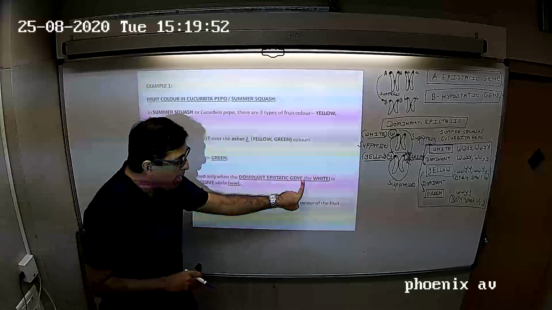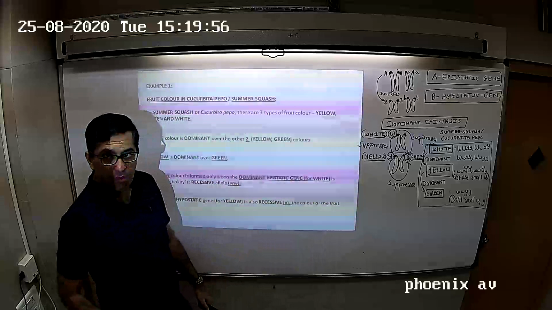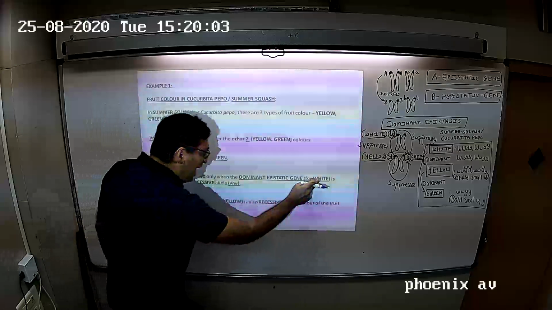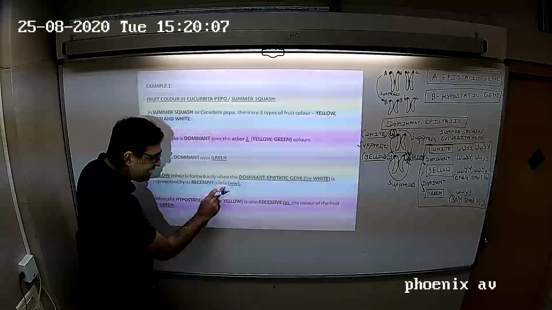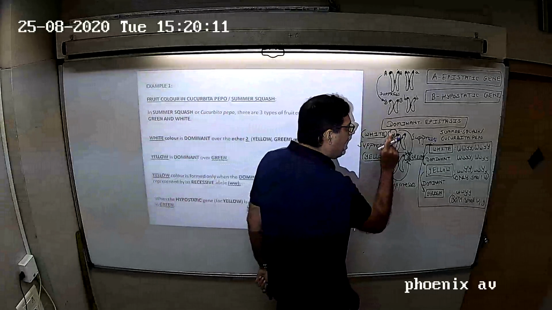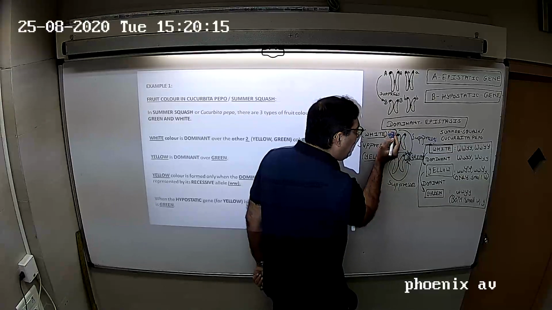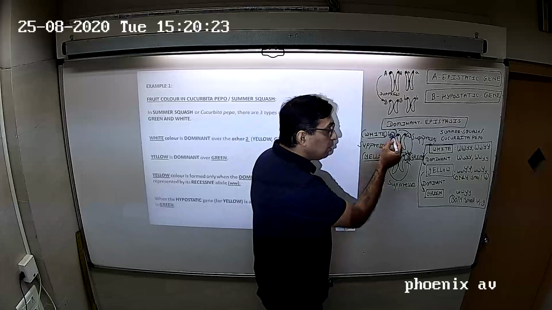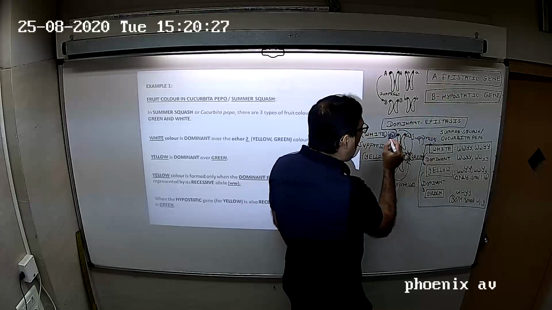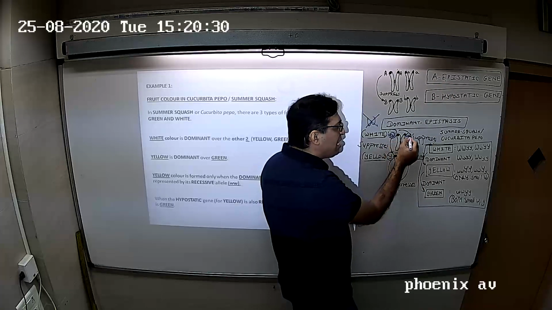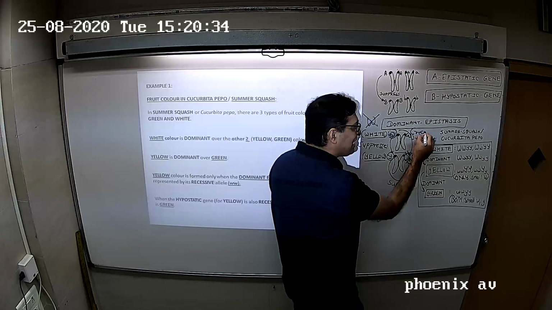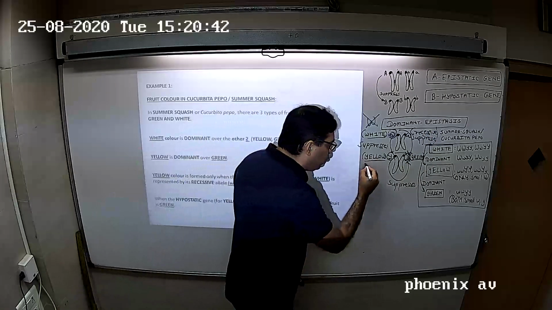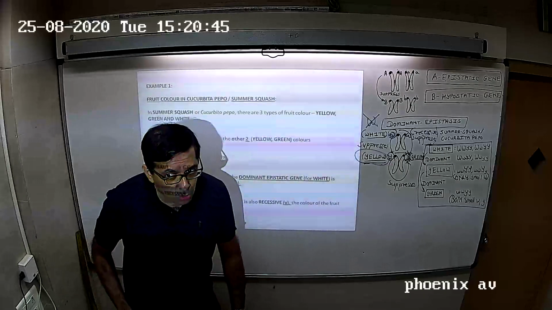When the dominant epistatic gene for white, which is capital W, is represented by its recessive allele small w. तो यहाँ जब small w and small w होगा, then the epistatic capital W नहीं है and small w recessive genes है, then capital Y will express itself to produce the yellow color. I hope you've understood that.